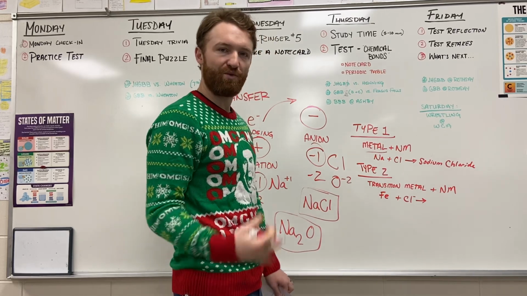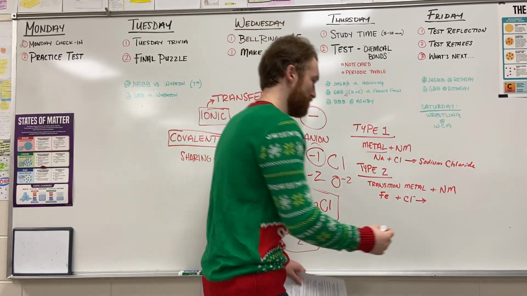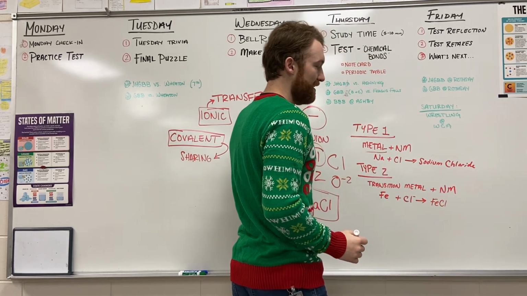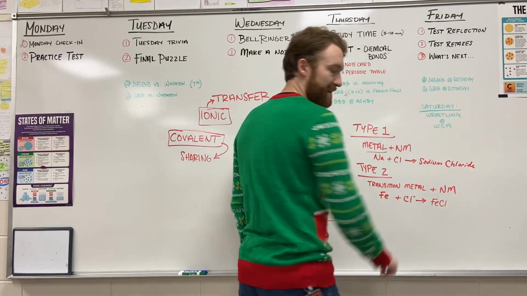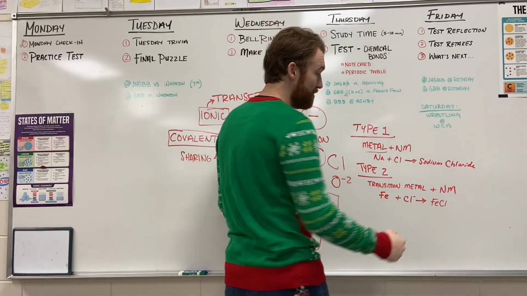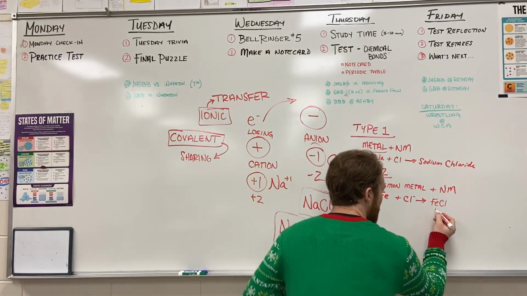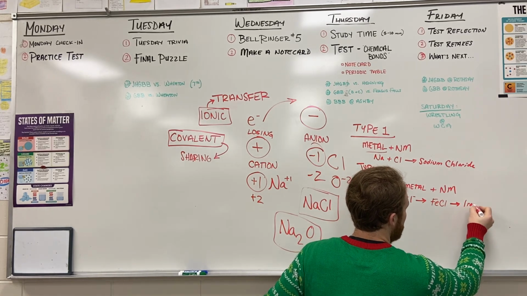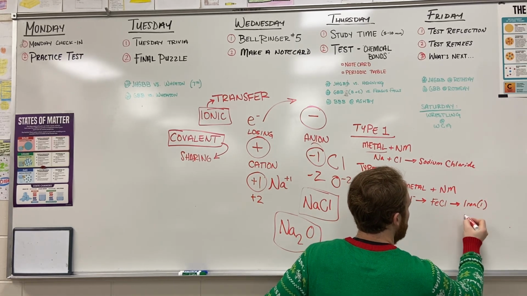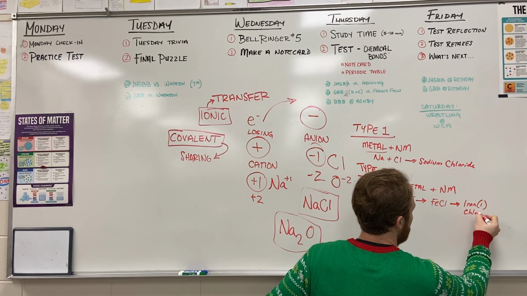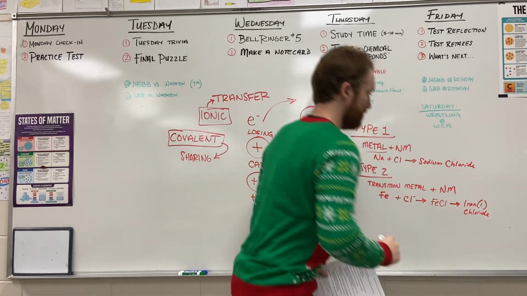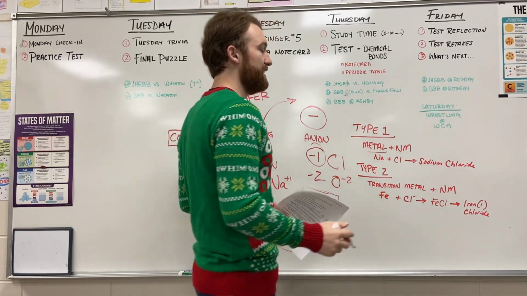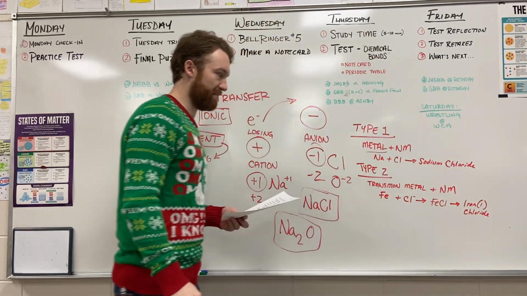So if I were to put this formula together with no numbers and I just wanted to write FeCl, well, that would tell me that the charge on iron here must be +1, because we know chlorine's -1. So iron has to be +1 here, so when you name it, we would say iron 1 chloride. Iron 1 chloride, hopefully you can see that there, indicating 1 as the charge of iron.